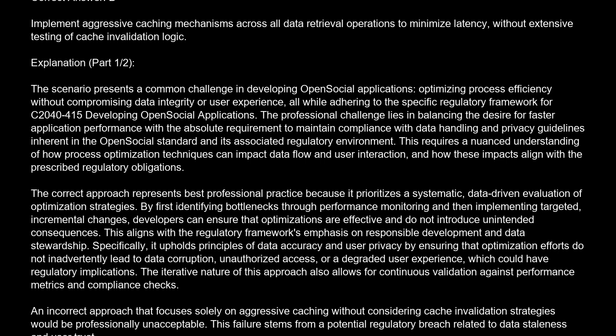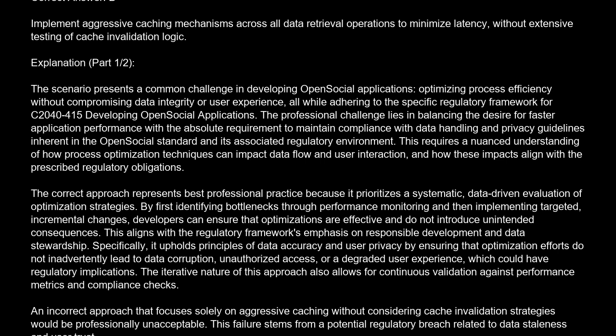Explanation. The scenario presents a common challenge in developing OpenSocial applications, optimizing process efficiency without compromising data integrity or user experience, all while adhering to the specific regulatory framework for C 2040-415, developing OpenSocial applications.